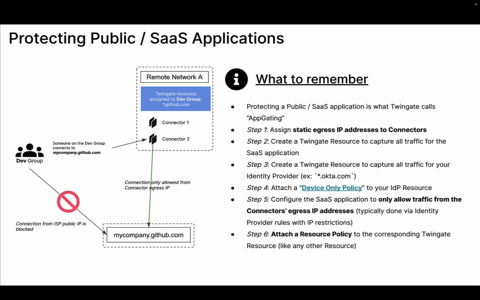So that's typically our recommendation. But again, remember that resource definitions determine what traffic gets intercepted, and resources allow you to intercept traffic for both public assets and private assets. So that's what you should remember about resources in TwinGate.